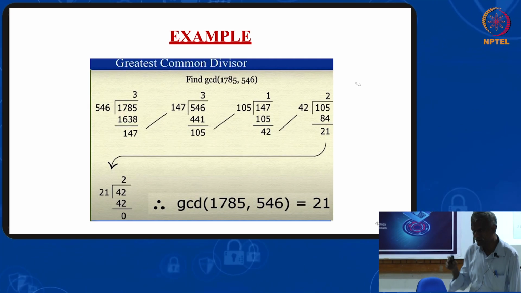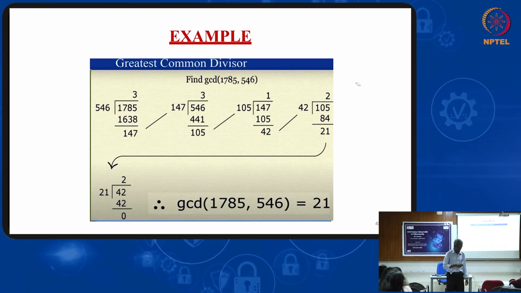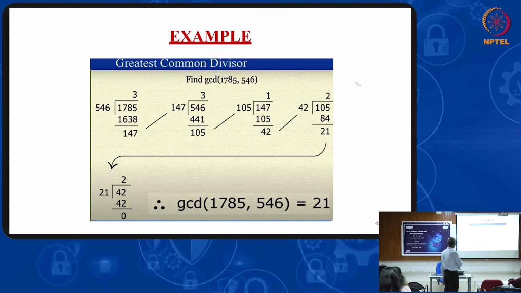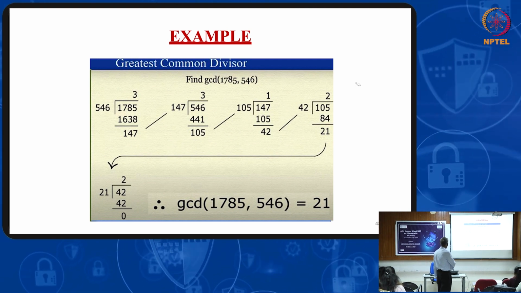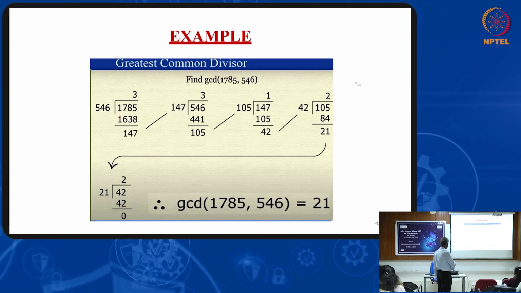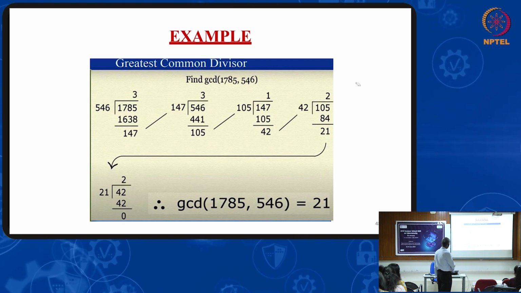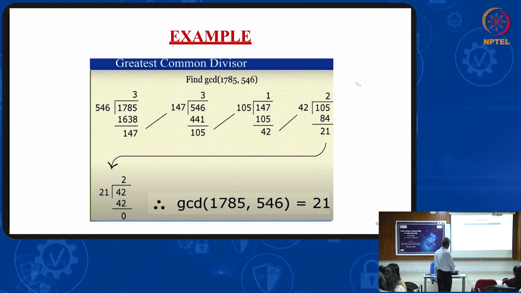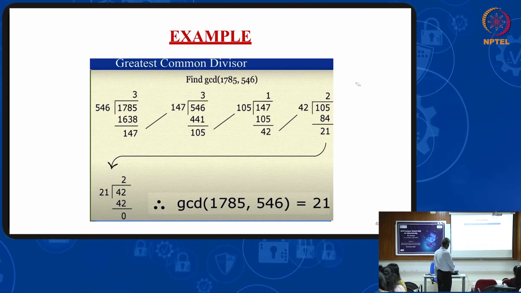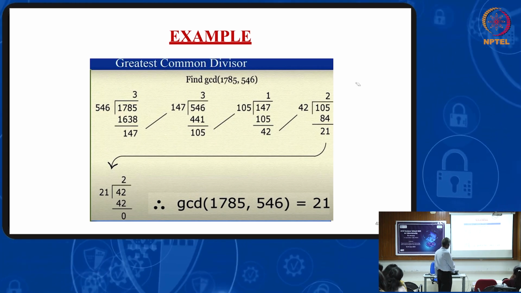You have to repeat this process until you get a remainder equal to 0. Now we take 147 as the divisor and 546 as the dividend. Divide once again. You get the remainder 105.